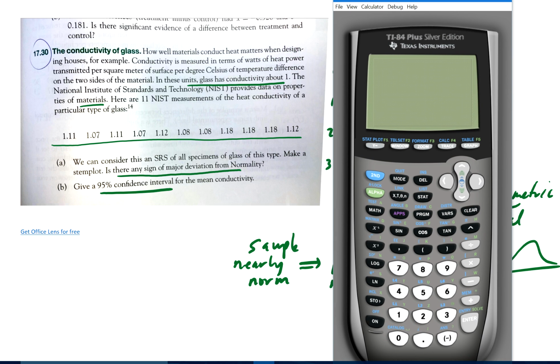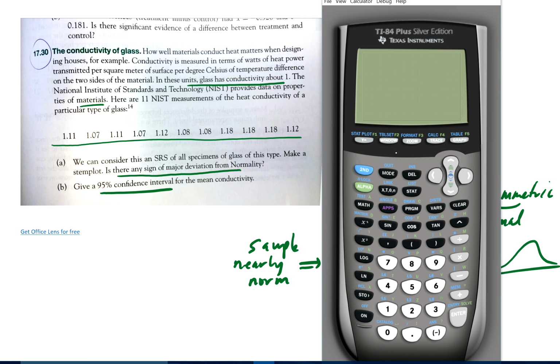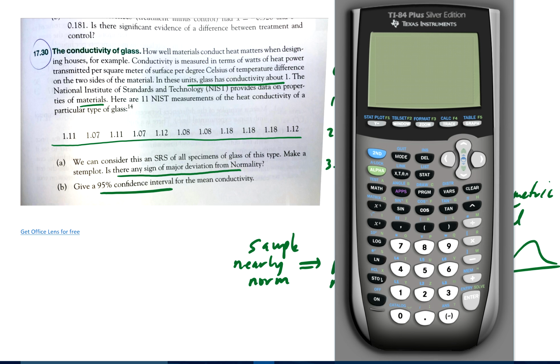They said to make a stem plot. I'm going to do something different, just to show you, because I want to use my calculator. Okay, here we go. I'm going to put the data in my list. Clear that. 1.7.